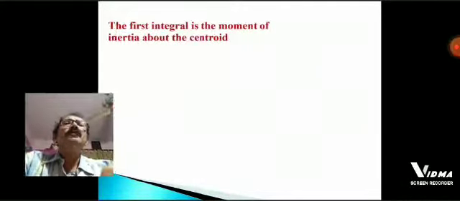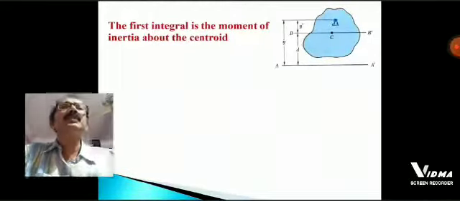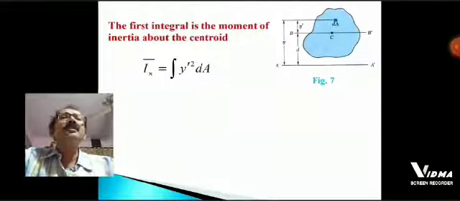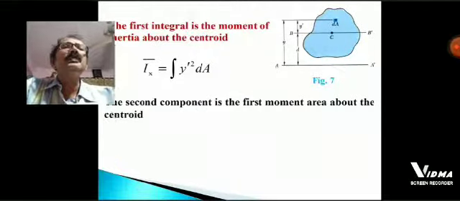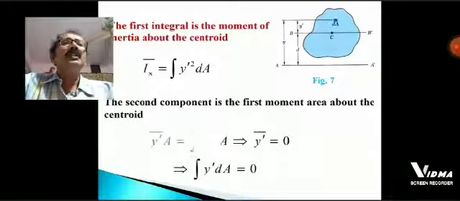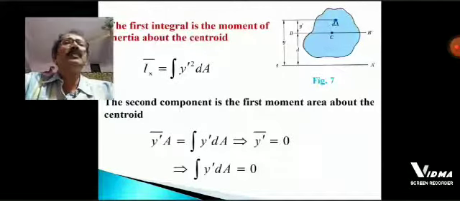Now the first integral is the moment of inertia about the centroid, that is Ix bar, integration y dash square dA. The second component is the first moment of area about the centroid, y dash bar A, which equals 0, so the whole term, integration y dash dA, equals 0.